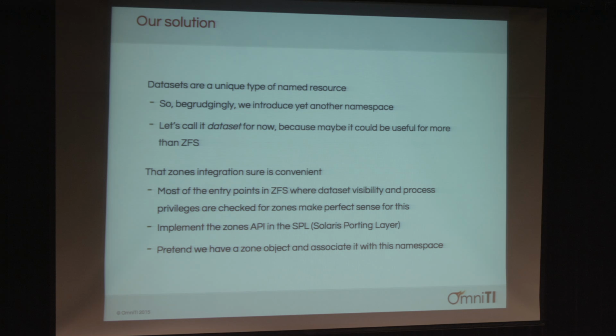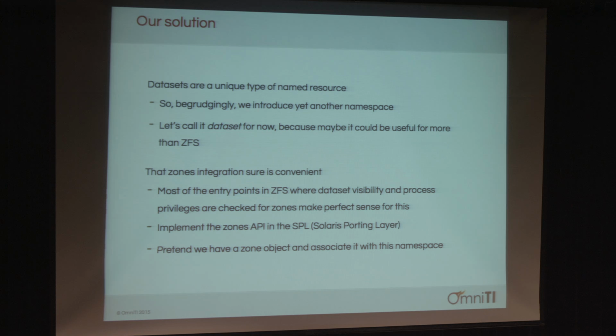So in the Solaris porting layer, those entry points into the zones code have to be fleshed out to say, maybe I should look at what namespace is attached to my process, and look at the dataset namespace and see if I can use that to decide what, quote unquote, zone I'm in.